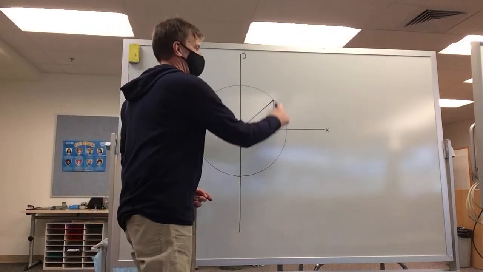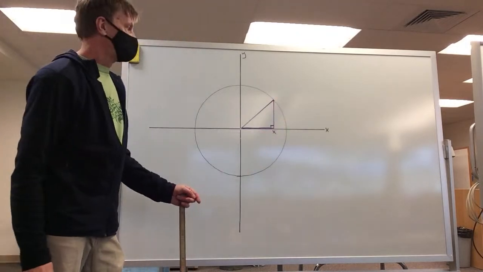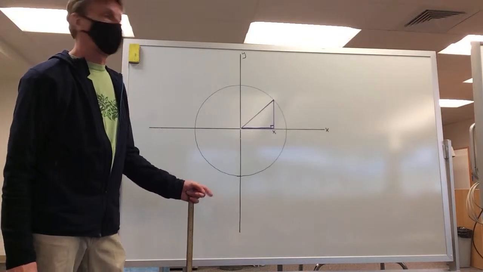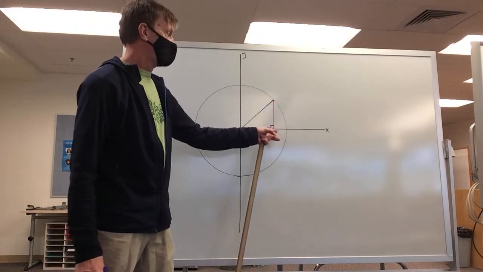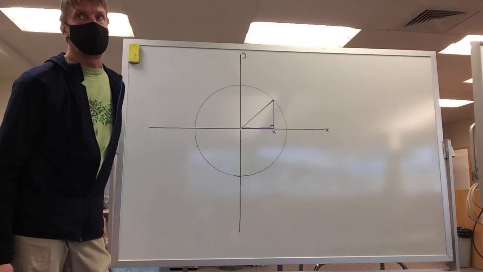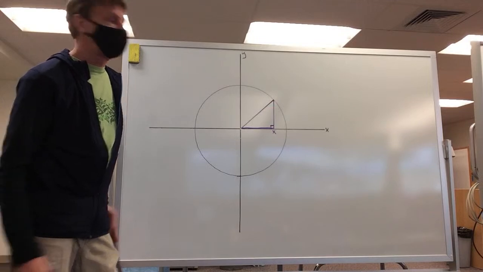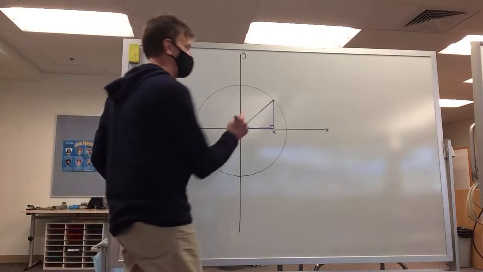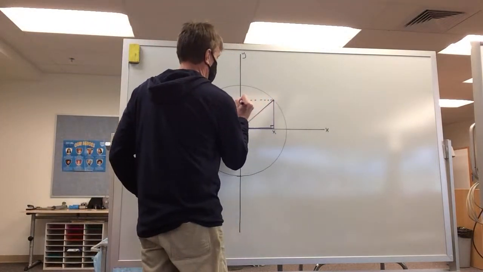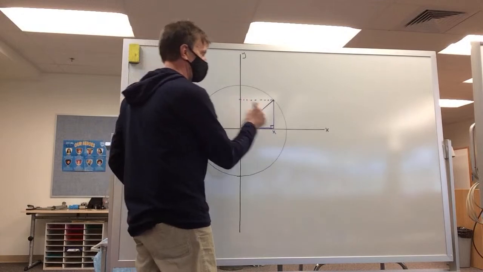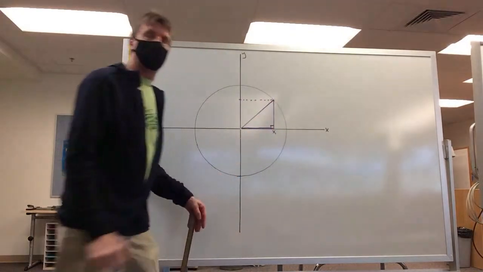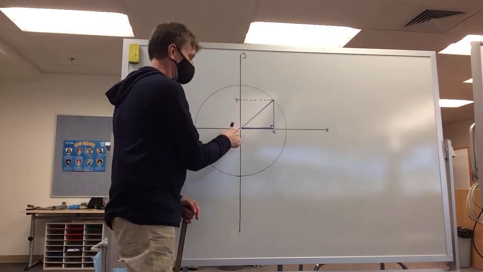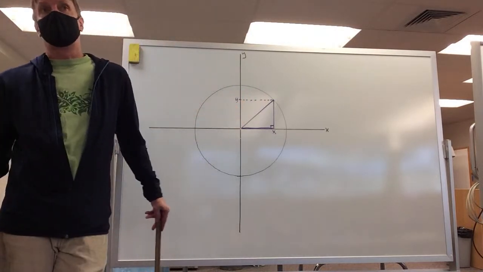How long is this side? Algebraically, if this side is x, how long is that? Y. Because this y value is how high up that is. Conveniently located, this y value up here, subtract 0, is still equal to that y value.